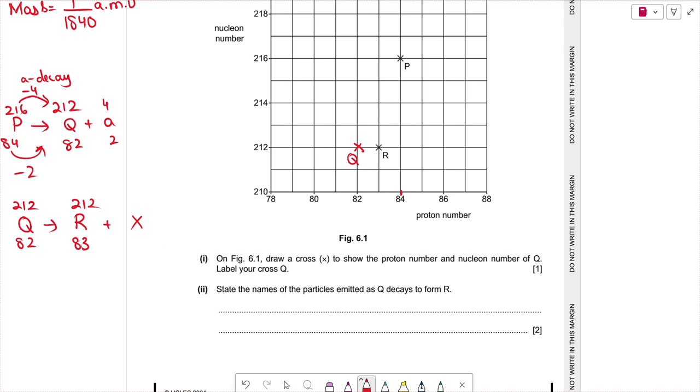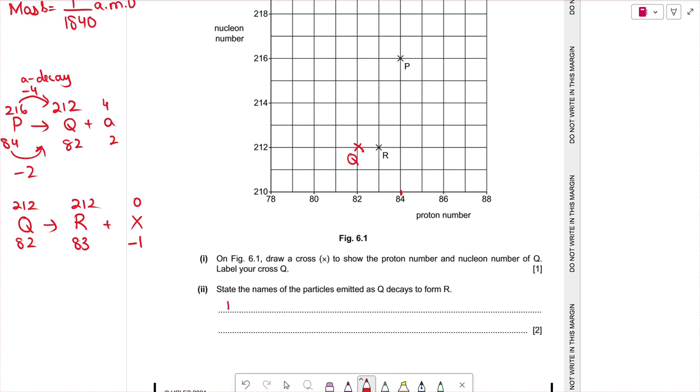So if there's an 83 over here, if I put minus 1, 83 minus 1 is equal to 82. Same goes for the mass number as well. So the mass number of X is 0. So the sum of 212 and 0 is equal to 212. So a particle with minus 1 as the proton number and a mass of 0, so we have beta negative.